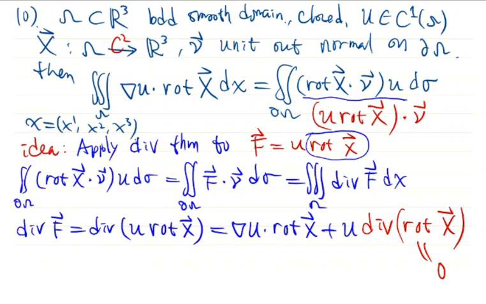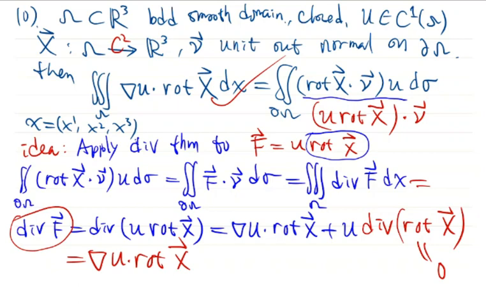Given a vector field, taking the curl gives a new vector field, and a general result is that its divergence is 0. So this is exactly the gradient of U inner product with curl X. Substituting this computation of the divergence of F, we obtain the desired result, concluding the proof.